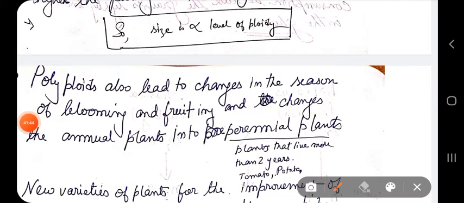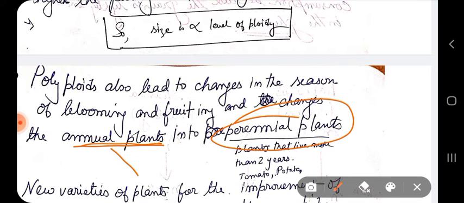Annual plants are those plants which grow once in a year and then die, for example cabbage, carrot, cauliflower. But nowadays these plants are being used to form perennial plants which can grow for up to 2 years, 3 years, and so on.